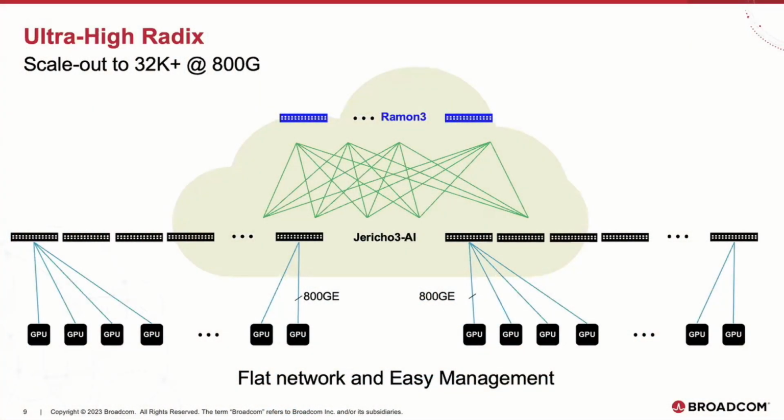So this architecture is very scalable. You can start from a few hundred blocks and scale out to a few thousand blocks. You can build up a network with 32K 800 gigE ports. No matter whether it is one box or tens of thousands of blocks, it always works as a single unit.